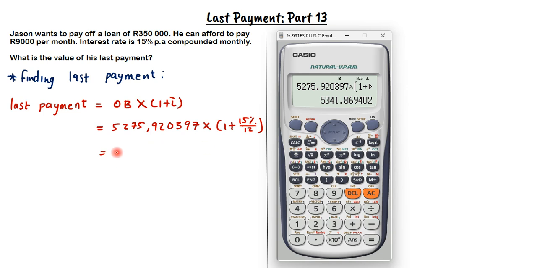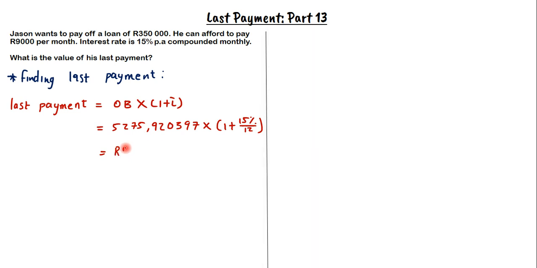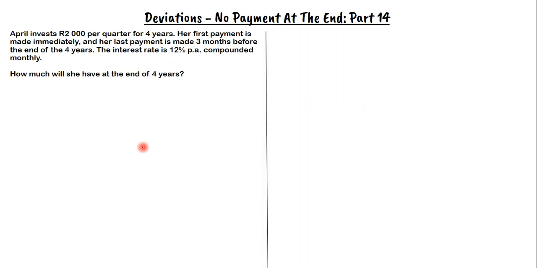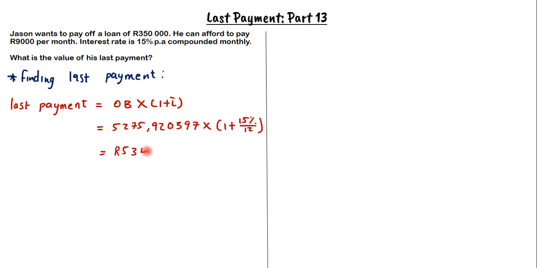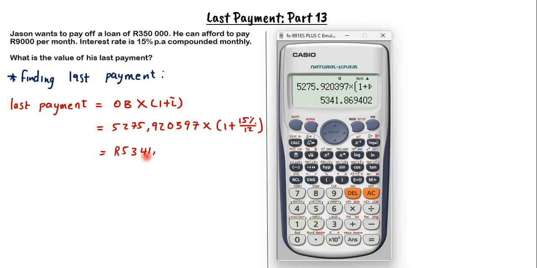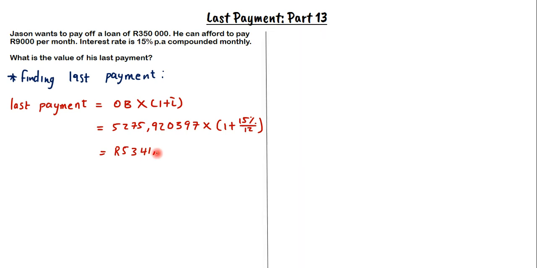Now this is 5,341 rand 87 cents, and that is how we find our last payment.